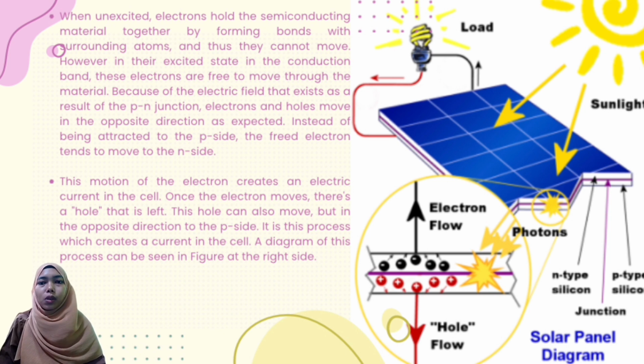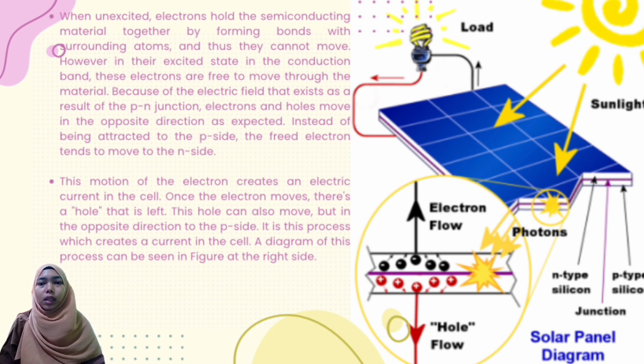Once the electron moves, a hole is left.